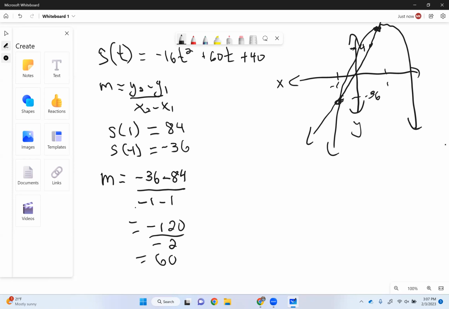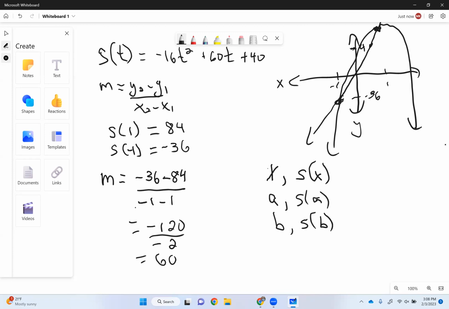All right, now there's other ways to express the y values of a point. Instead of saying x and y, we could say x and s of x. We could say a and s of a. We could say b, s of b.